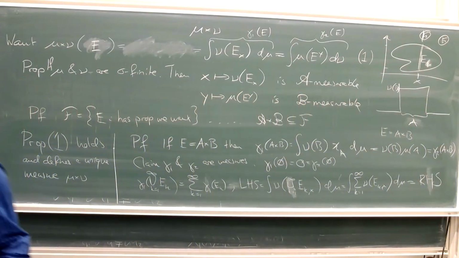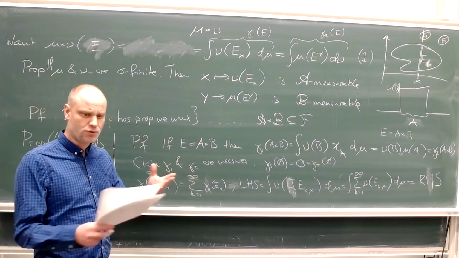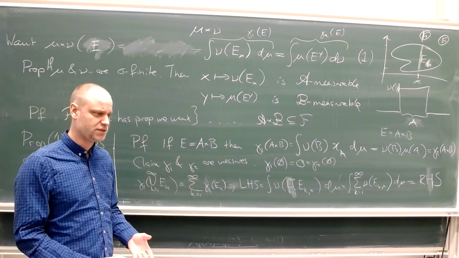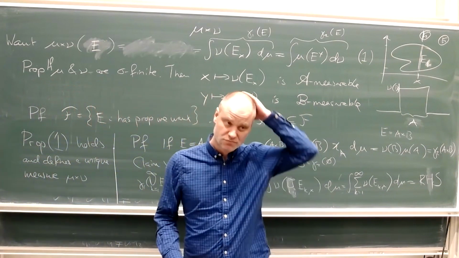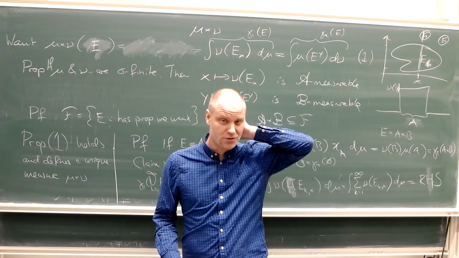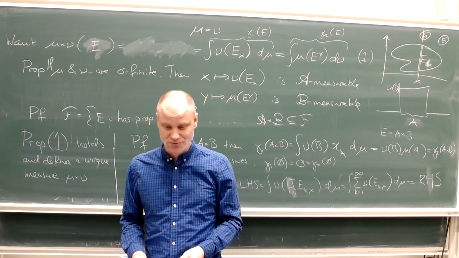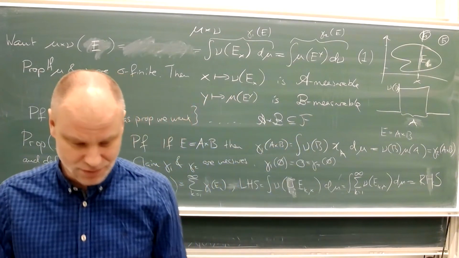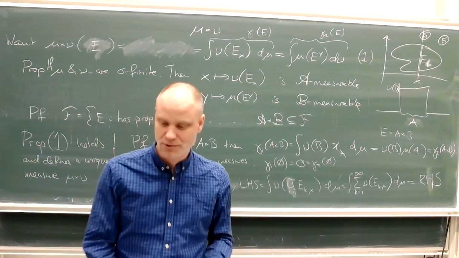Good, so gamma 1 defines a measure, gamma 2 defines a measure, and they coincide on the product sets. Does this mean that they are the same measure? This is a highly non-trivial question, it turns out, and it brings us back to some sins from the beginning of the course.